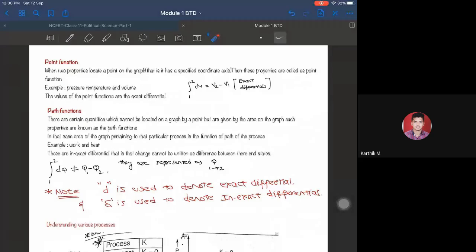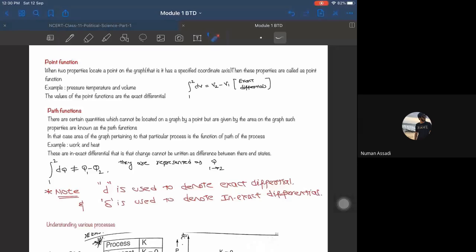It's 12:30, so I'll just be posting my screen as it is, so those who have not taken it can take it. In the next class, we will be discussing many of the processes I've just hinted at: isobaric, isochoric, isothermal, adiabatic, and polytropic. All those processes we'll discuss in detail in the next class.